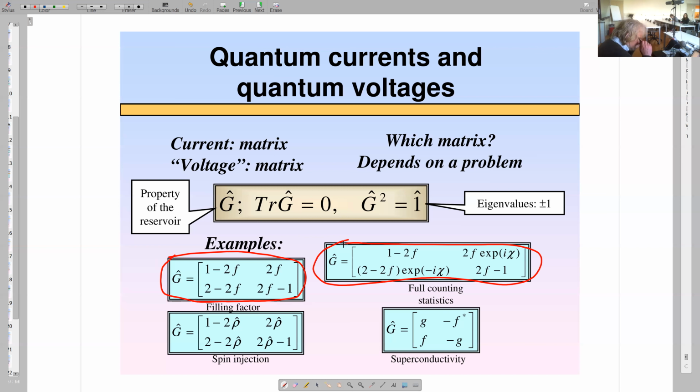Suppose we don't care much about statistics, but we care about spin. Then this matrix will be divided into blocks, and each block is a matrix in spin space. It's just the density matrix in spin space which comes about.